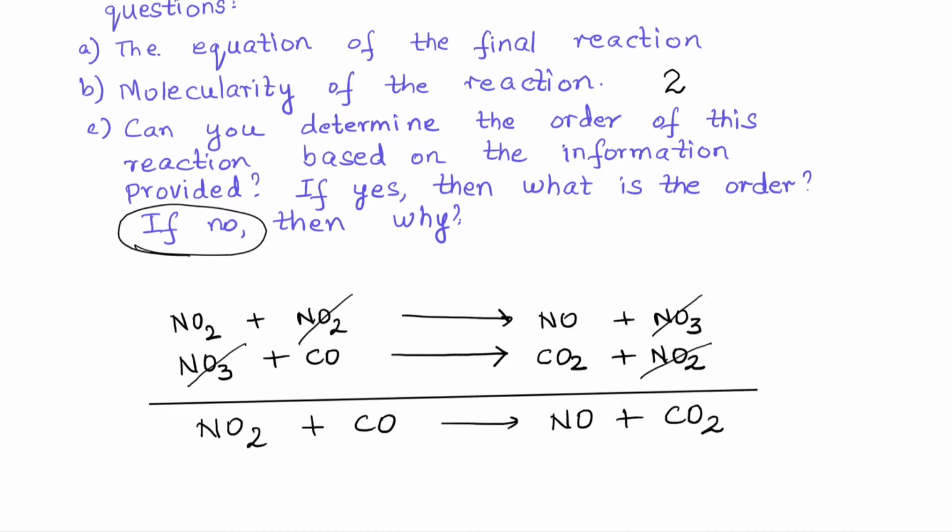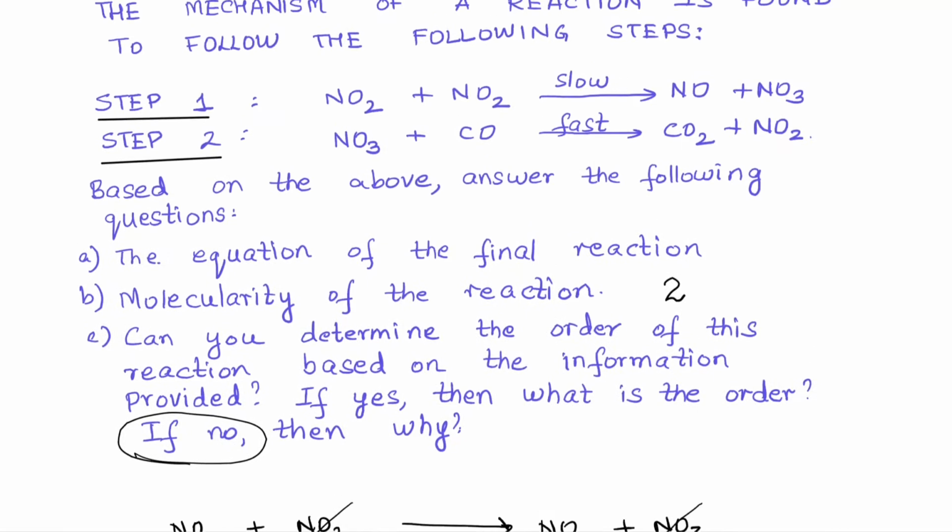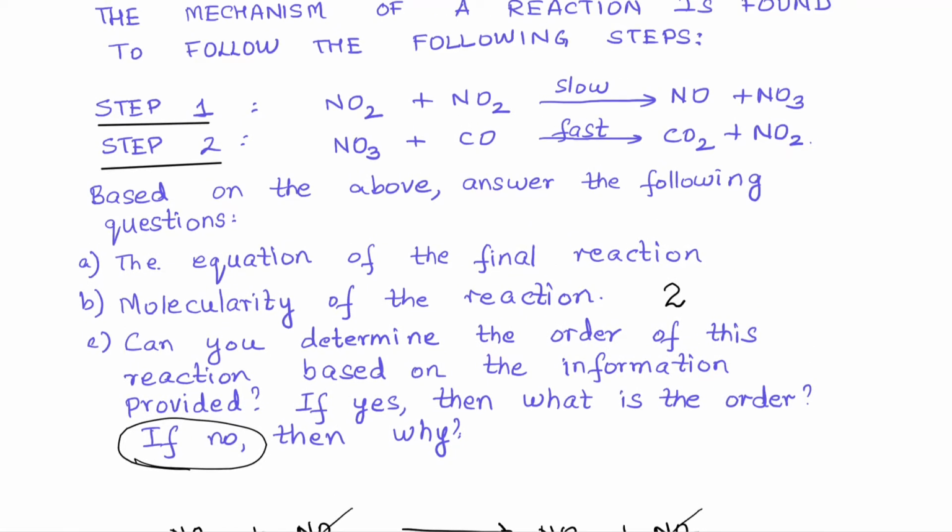Basically, nitrogen dioxide oxidizing carbon monoxide to form nitric oxide and carbon dioxide. By the way, this would be a second order reaction based on experimental data, not otherwise. We cannot determine that only by looking at the equations.